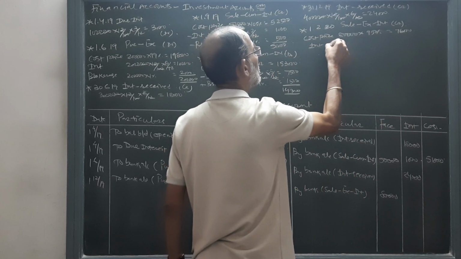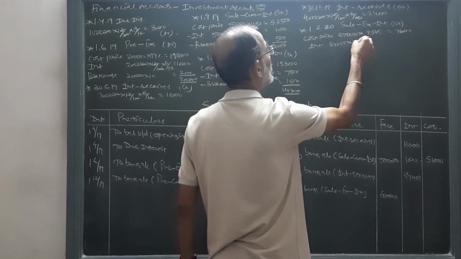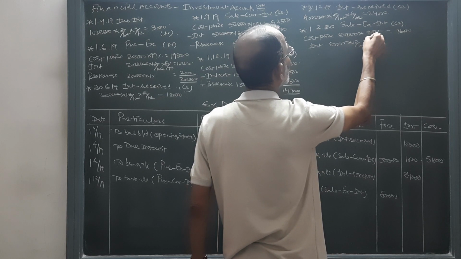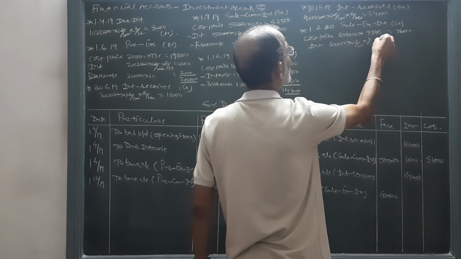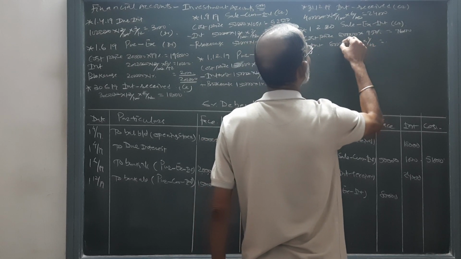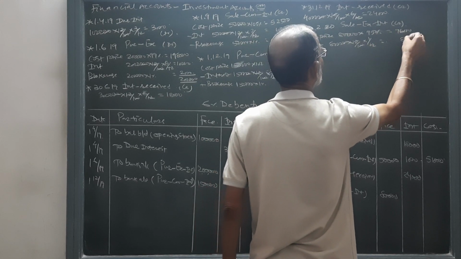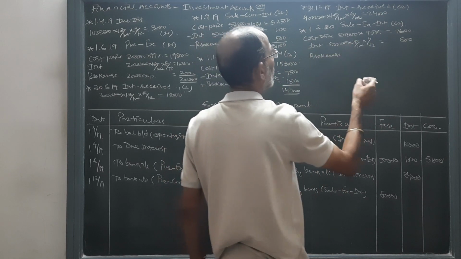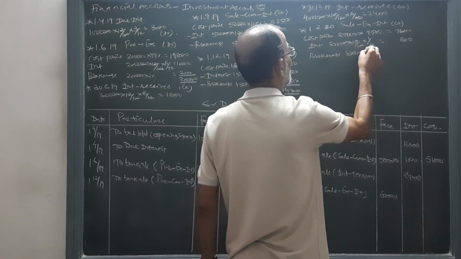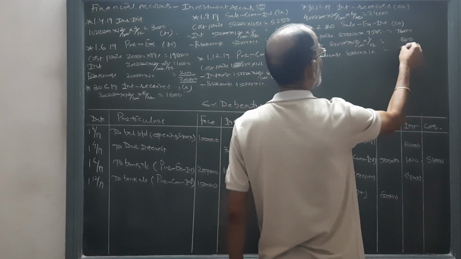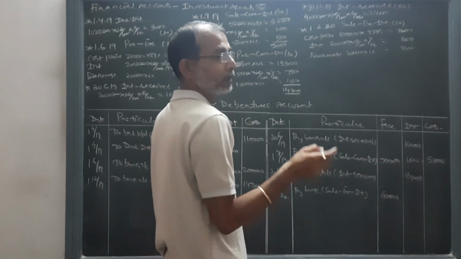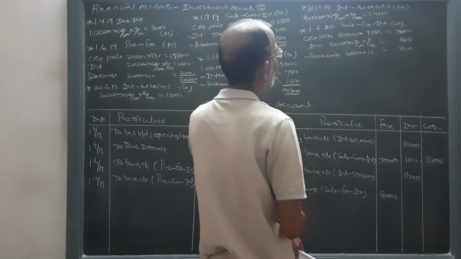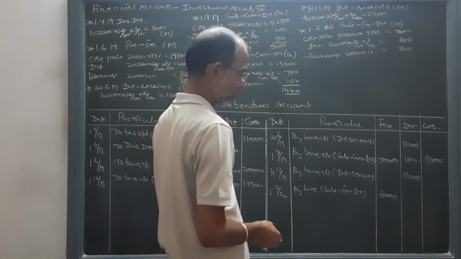Interest on 80,000 at 12% for how many months? Only 1 month. So 800. Brokerage on 80,000 will be 1%, 800. There is a sale, so brokerage will be subtracted and interest will be written as it is.